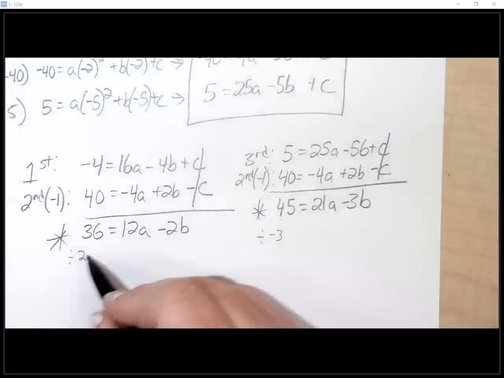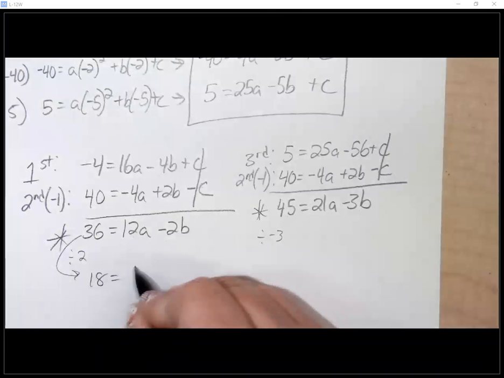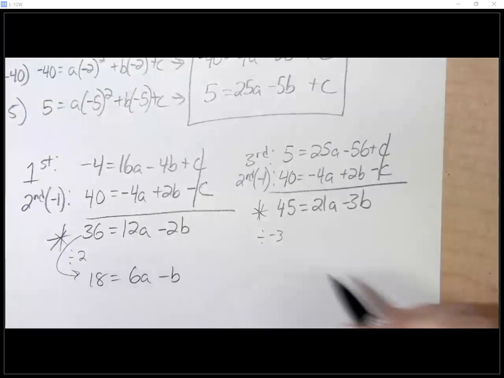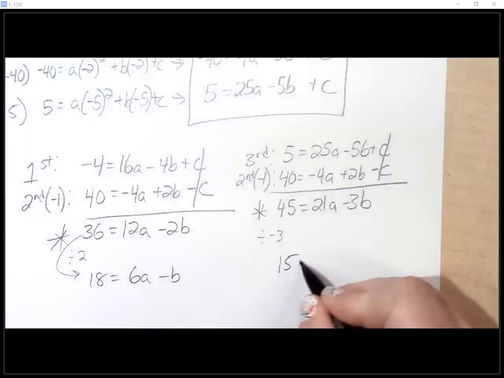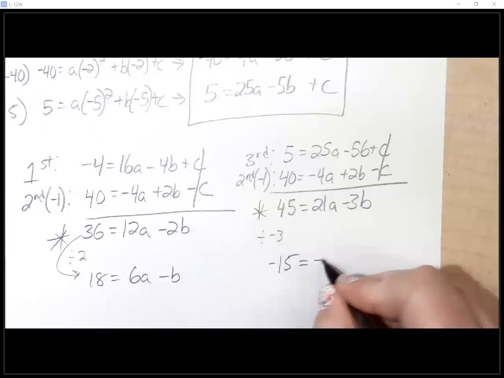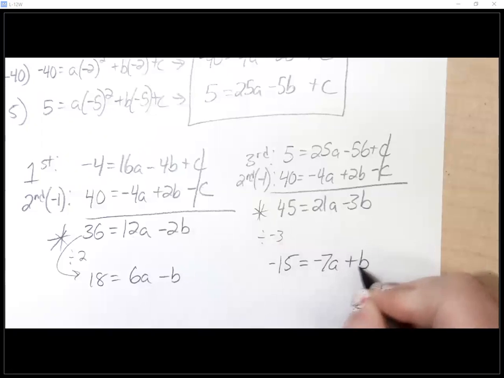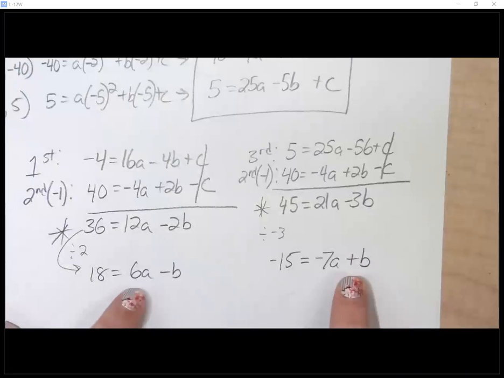And that's going to get me 18, 6a minus b. This is not a necessary step, but it is going to actually make my life a lot easier. Oh, I'm dividing by a -3. So -15, -7a plus b. Because now, look, these two are ready to cancel. I have a negative b and a positive b.